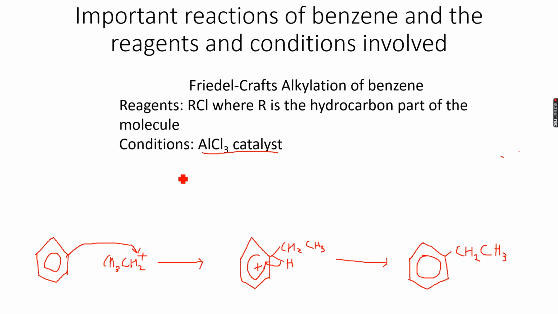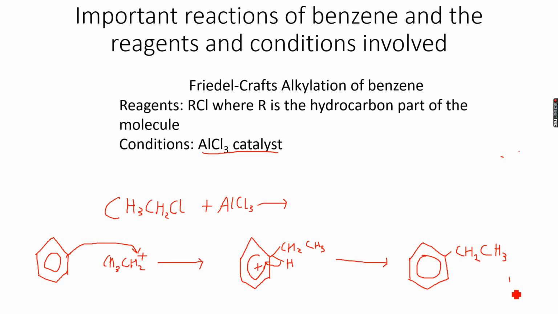So as I was showing you before, my equation disappeared, so I'll write it again. I was showing you that CH3CH2Cl. Here my CH3CH2 was my R group, as shown here, was reacting with the AlCl3 to give.